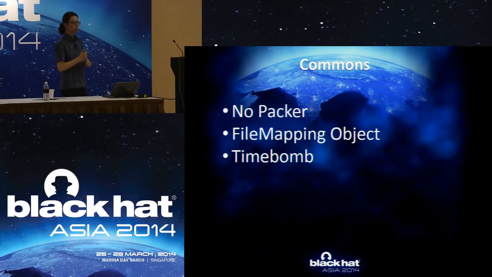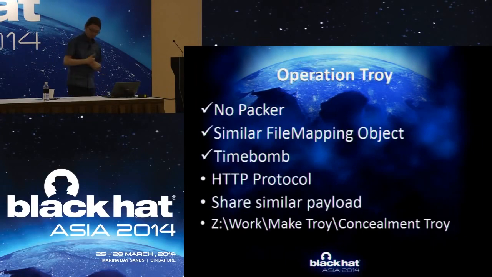Third, time bound. 3 important things, and operation choice. No packer, similar file mapping object, time bound. It uses the HTTP protocol. There is no IRC. HTTP protocol. They share similar payload because there is not only one choice case. For example, there are 6 cases that share similar payload and have a PDB file path. That's where the choice name came from.